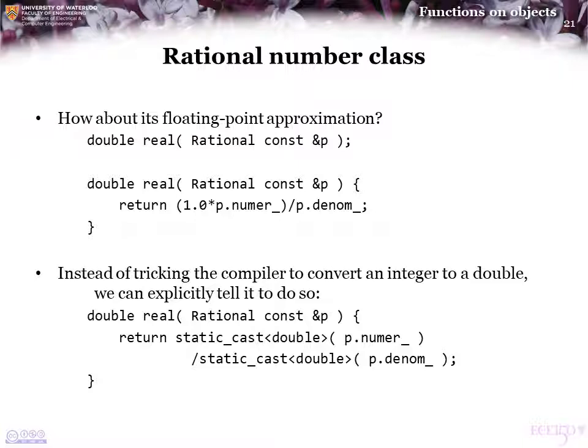Now, you don't really have to convert the denominator into a double because once again, as soon as the numerator is converted to a double, then for the division to occur, the denominator must also be converted to a double. However, this is a lot clearer for the reader.